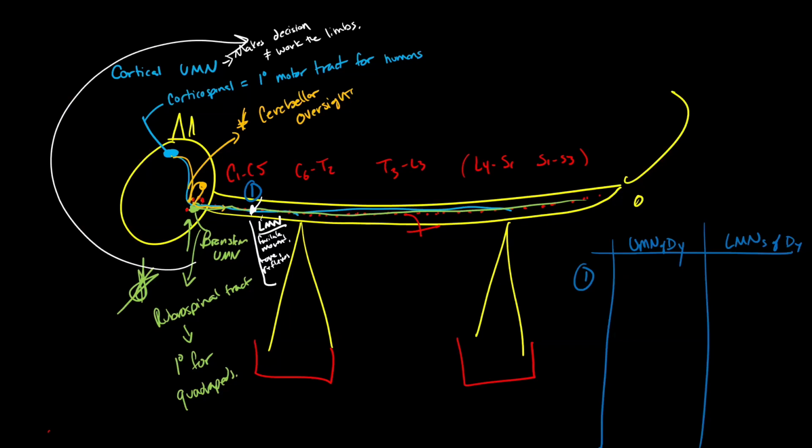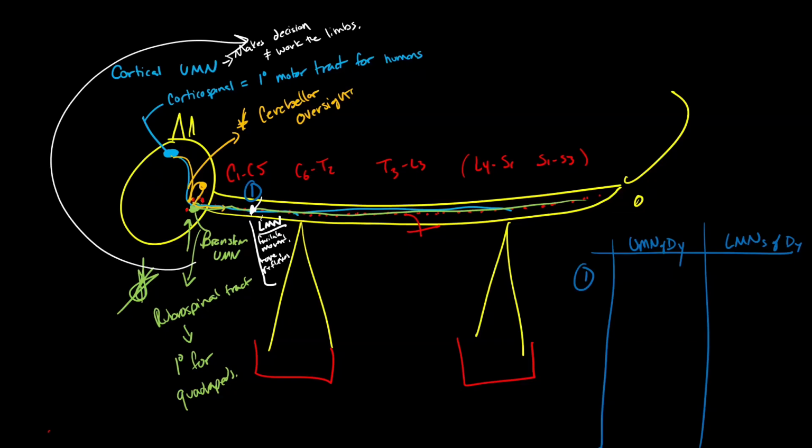And so you need both an upper motor neuron and a lower motor neuron to move the limb. That's why we see paresis or weakness or paralysis with both upper motor neuron lesions and lower motor neuron lesions, because it requires both the mom and the child, or the supervisor and the worker, to be present for motor function.